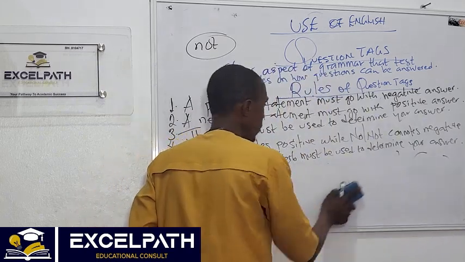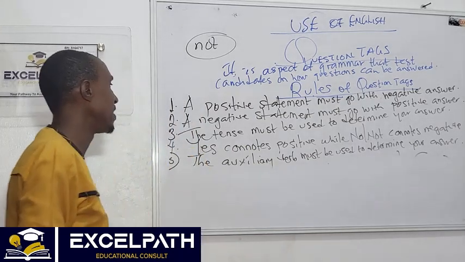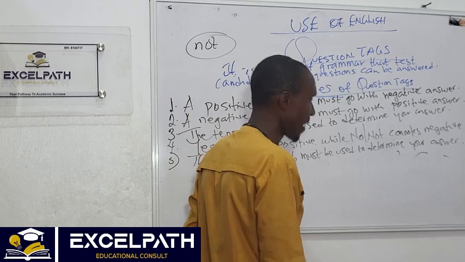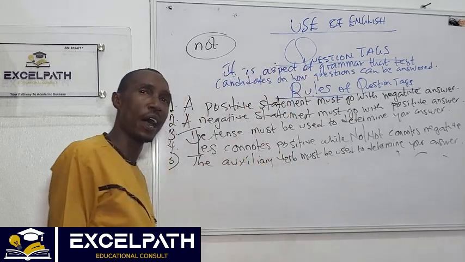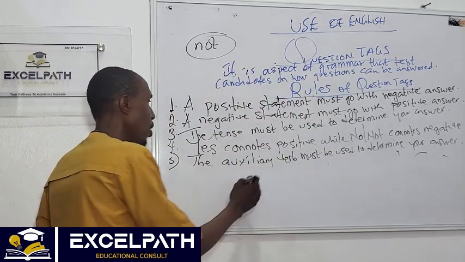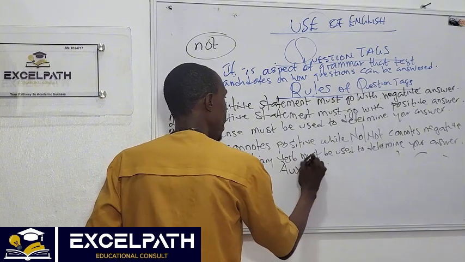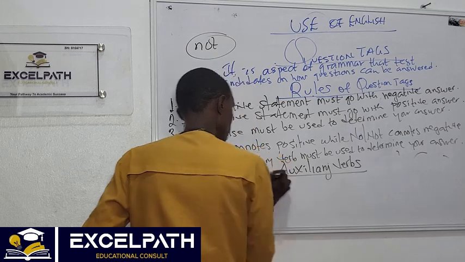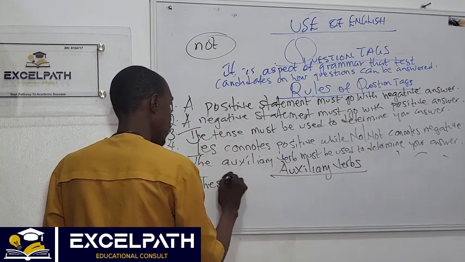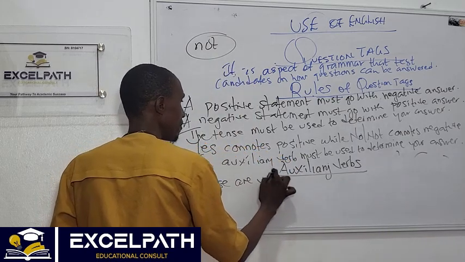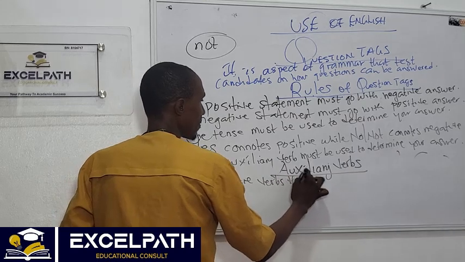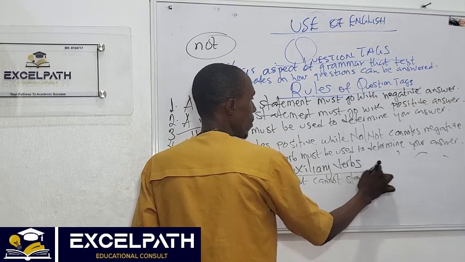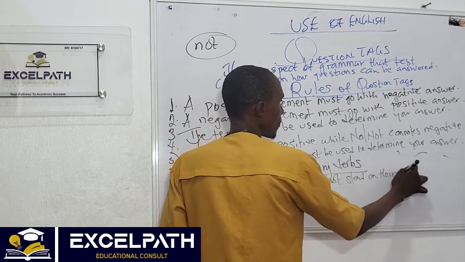And finally, number five, the auxiliary verb must be used to determine your answer. What are auxiliary verbs? These are verbs that cannot stand on their own.